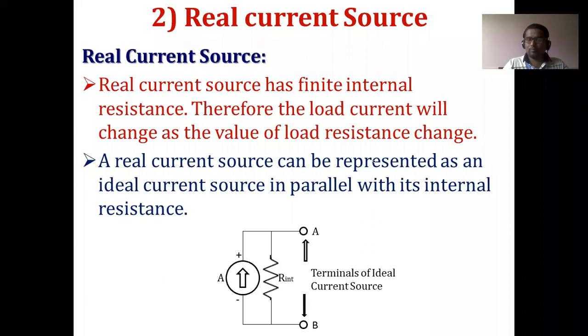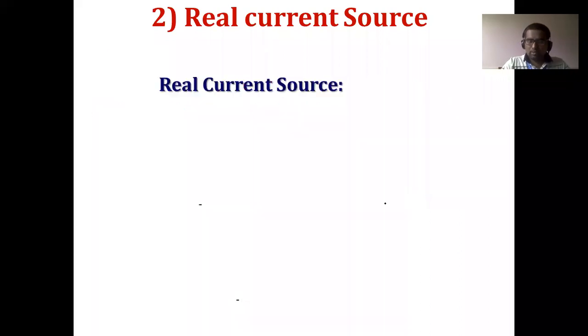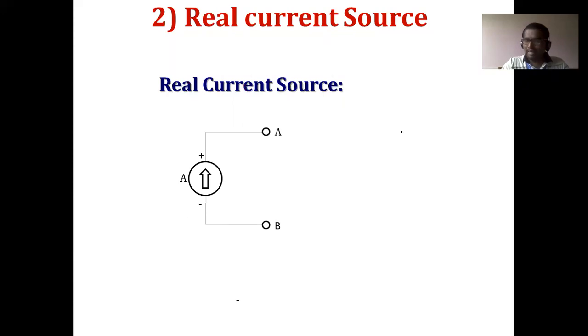Okay, so just consider that this is an ideal current source. When I want a real current source means internal resistance comes into picture, and we know the basic theory, when I want to connect that internal resistance to this ideal current source, I can connect it in parallel. This is the internal resistance.